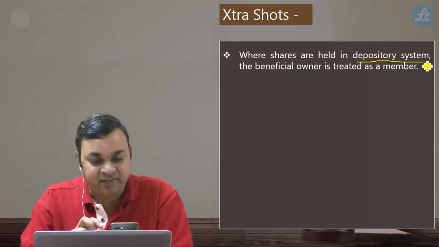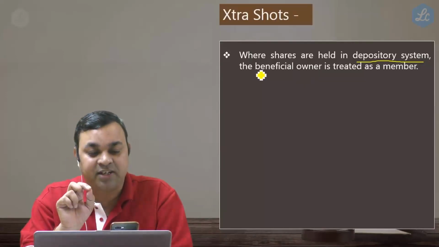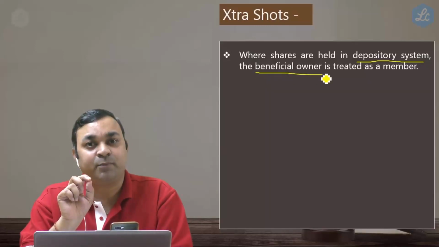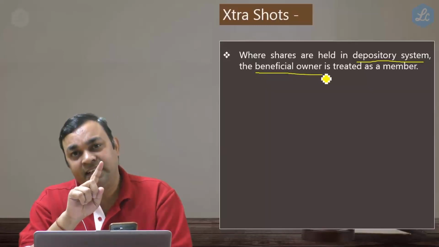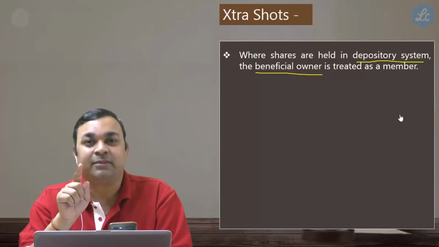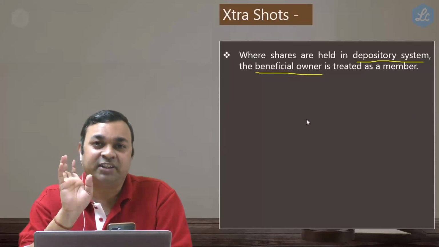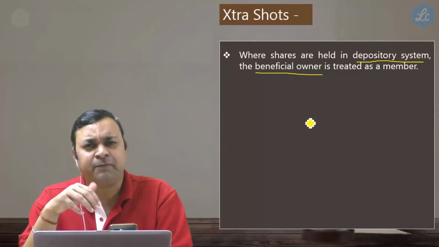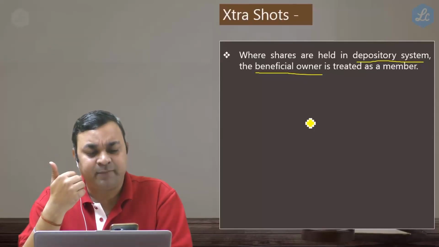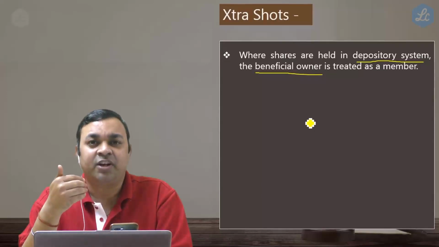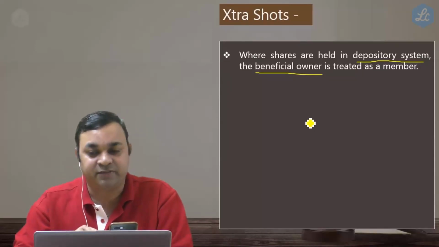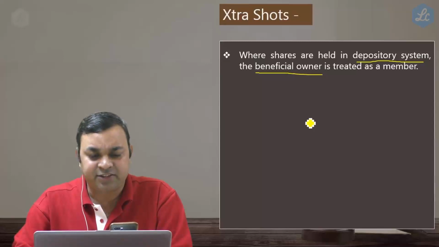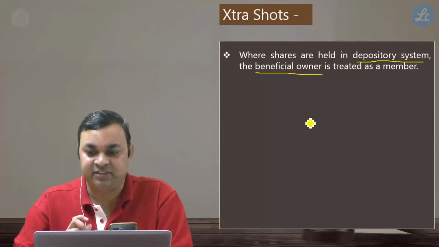Law has provided that the beneficial owner is treated as a member in case of depository system, because in the register of members of Reliance Limited, the names of the two depositories, CDSL and NSDL, will be mentioned. So for the purpose of clarity, the beneficial owner will be treated as a member for making an application under section 244. So this is the first point.